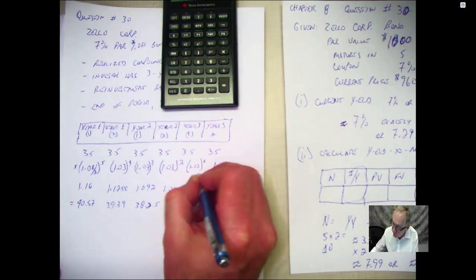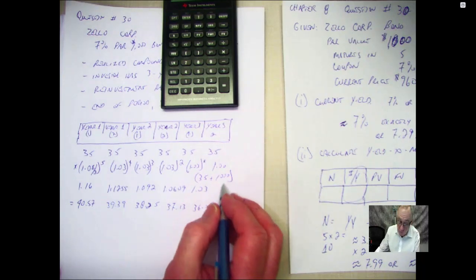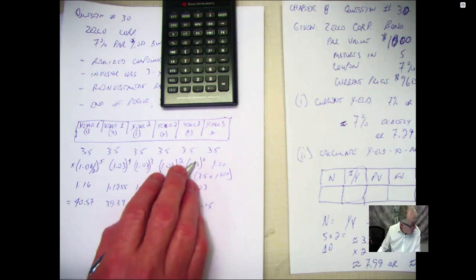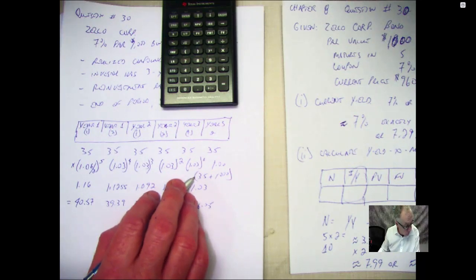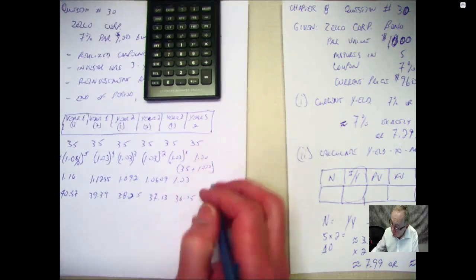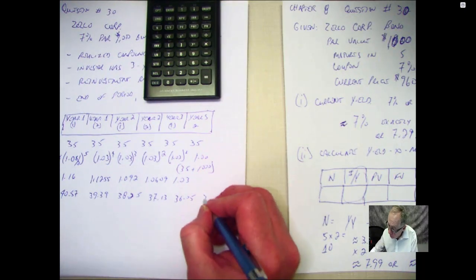Now in our last period, remember our bond matures, so we have $35 plus the $1,000 value for the bond. It's a 7% coupon and it's going to sell to yield 7%, so that tells us it's going to have a face value, par value, of $1,000.